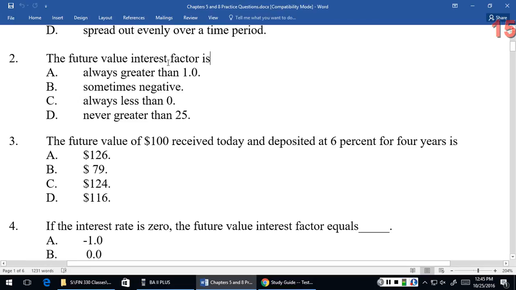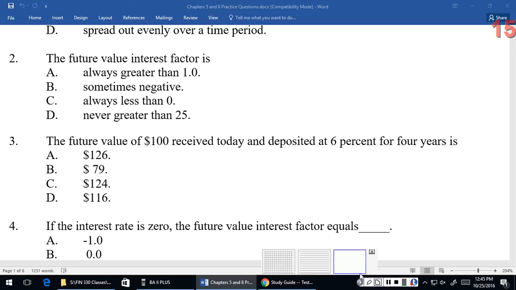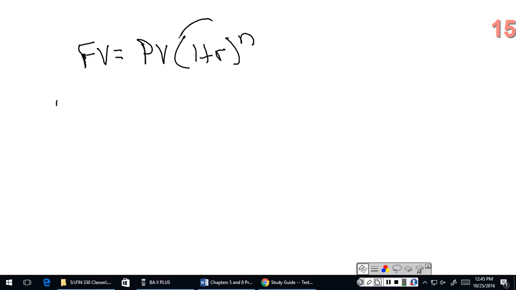And by the way, the future value interest factor is this portion of the formula. So if we go to, okay, here we go. The future value is equal to the present value times 1 plus r raised to the nth power. This is the future value interest factor. It's the 1 plus r raised to the nth power.